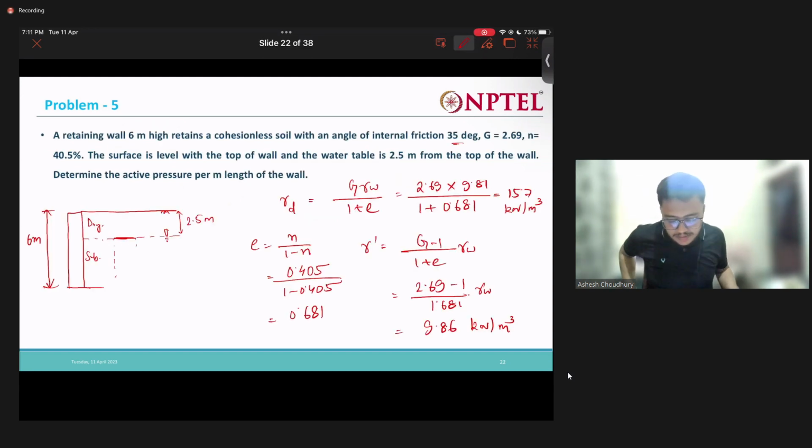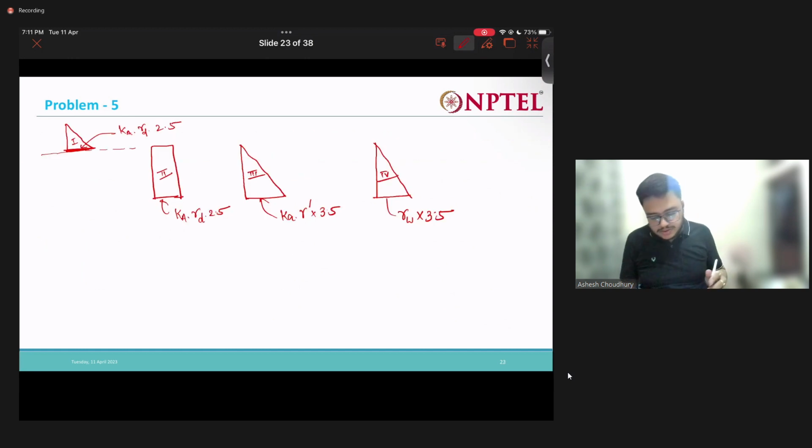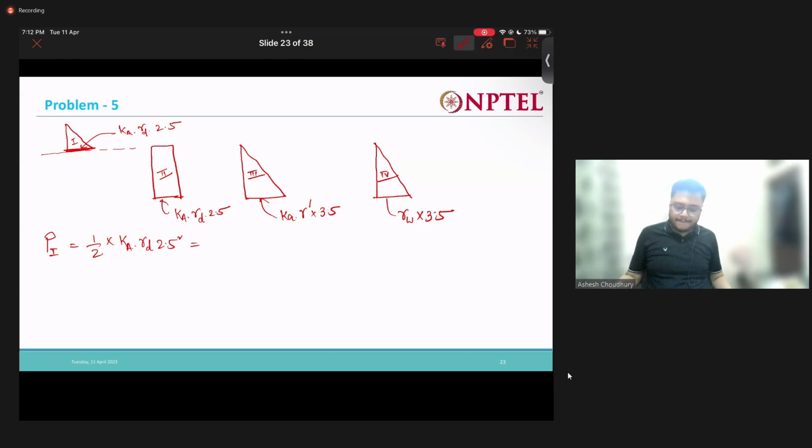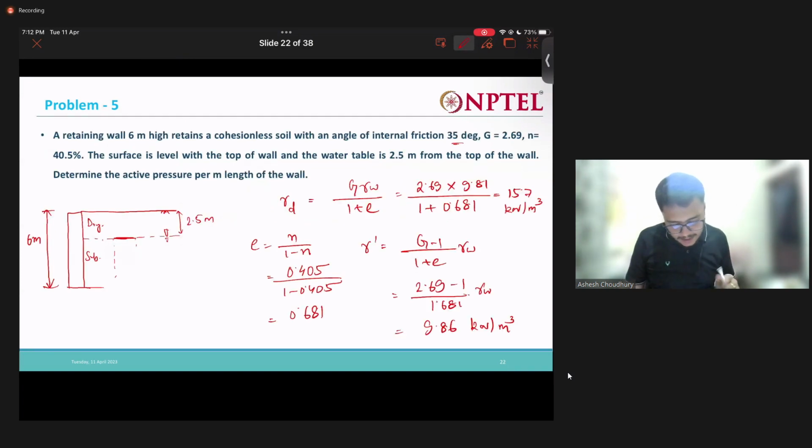Okay, so we need to determine the active earth pressure. Let us first determine P1. P1 will be half into K into gamma d into 2.5 square. K is 0.271 for 35 degrees.